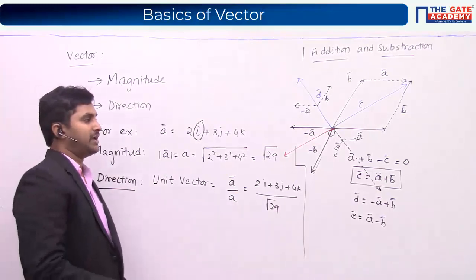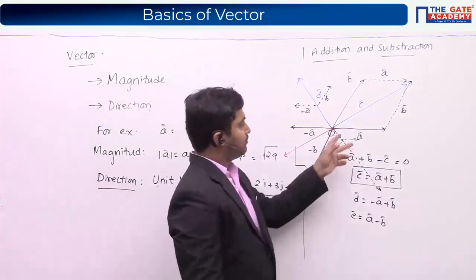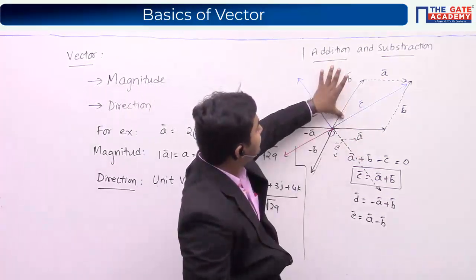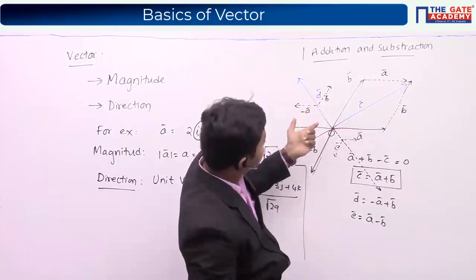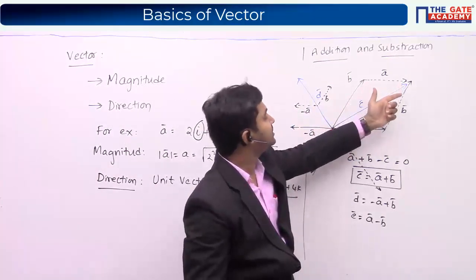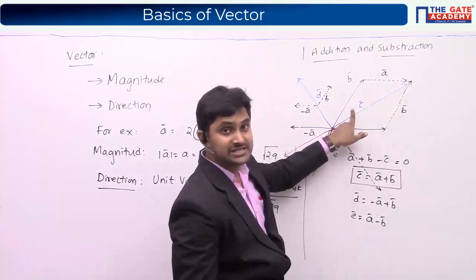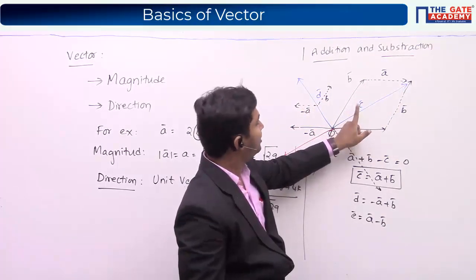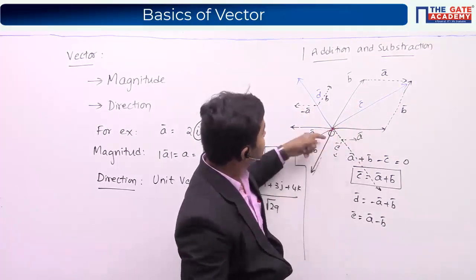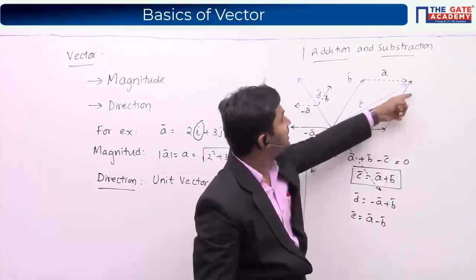Right? So again, I'll explain it once again. A bar and B bar are the two vectors, and a vector which is going from the middle of these two vectors is nothing but what we found as C bar, isn't it? How do we call it C bar? Because I'm just moving around a particular loop.